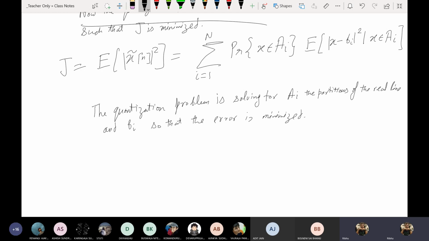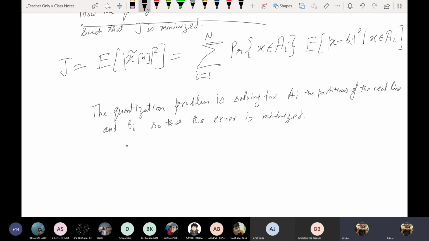You have to find these ais and bis so that the mean squared error is minimized. So the question is that you have to break it into n parts so that this error is minimized. And now this problem is impossible to solve if you try to optimize for both ai and bi simultaneously.